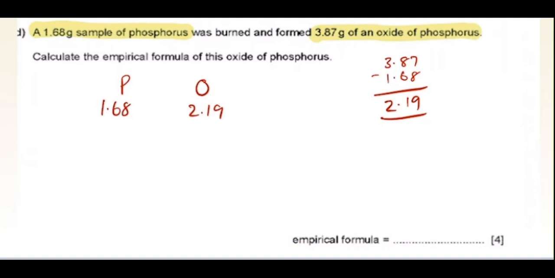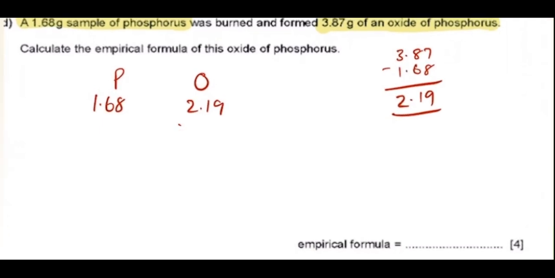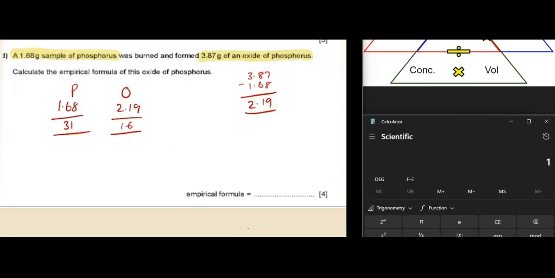Now we just follow our step-by-step formula for finding the empirical formula. So we'll say this divided by 16, and this divided by phosphorus. The mass of phosphorus is 31. That will give us our number of moles. Let's do that. 1.68 divided by 31 gives us 0.05419.